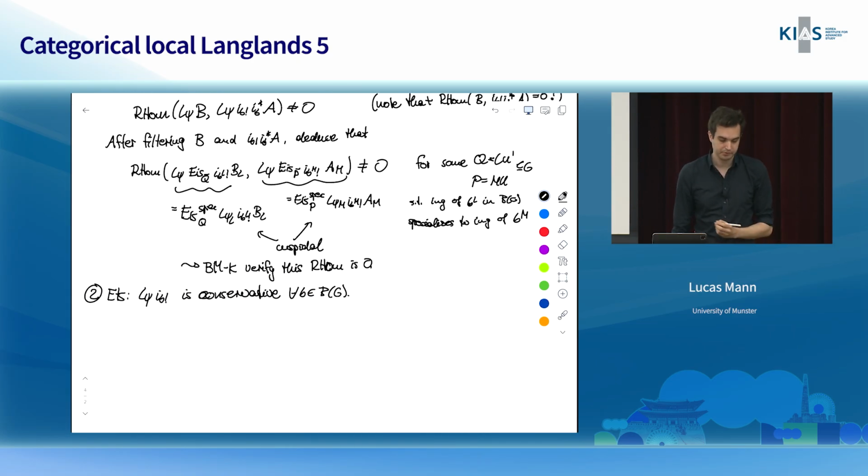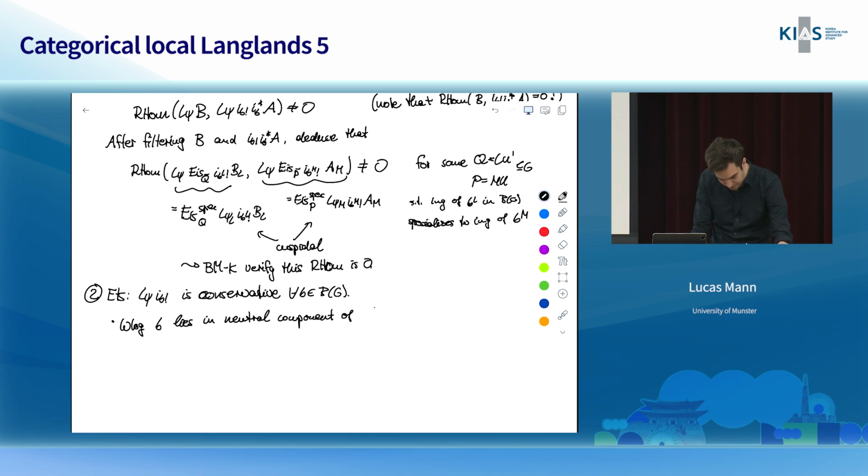And okay, this we do by a lot of casework. And since I'm running out of time, I cannot really say too much about this. So, okay, the first step one can make is that without loss of generality, B lies in the neutral component of ban G. Okay, and how do you do that?